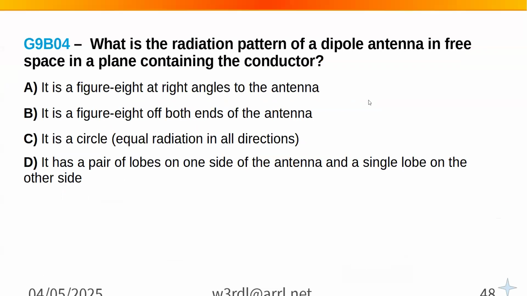So what's the radiation pattern of a dipole in free space in a plane containing the conductor? They threw that in to be confusing. Well, your radiation pattern is 3D, so a plane is just going to slice through it. They didn't say what the plane was. Let's assume it's horizontal.